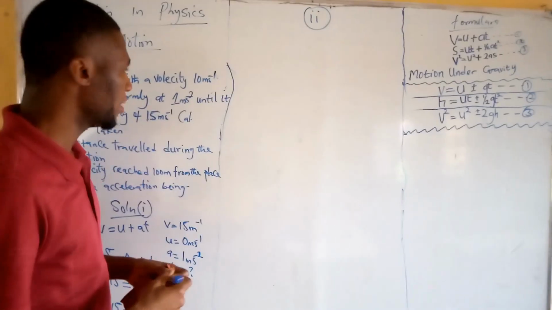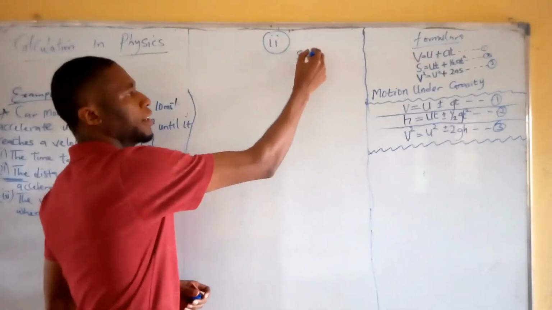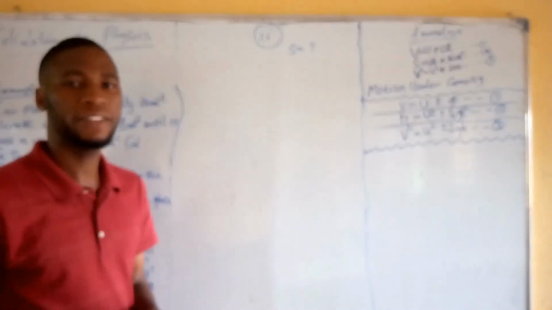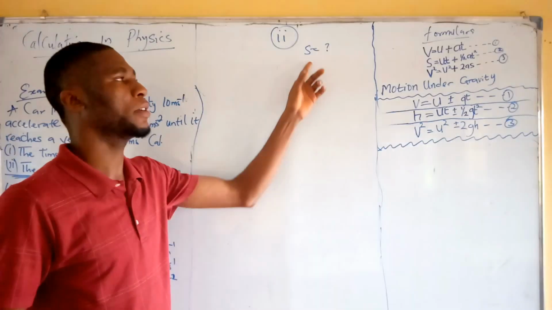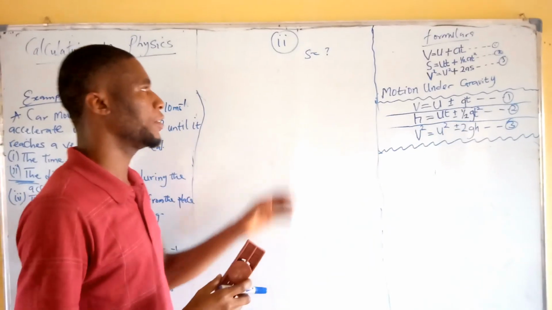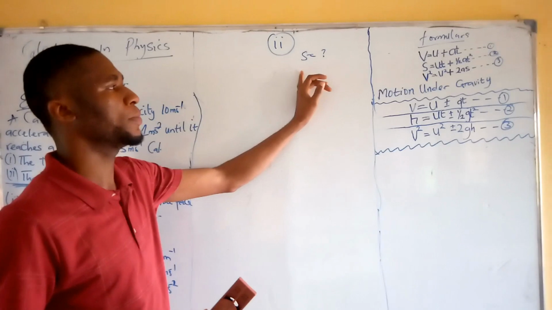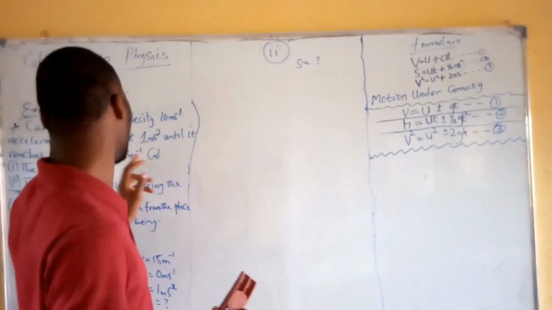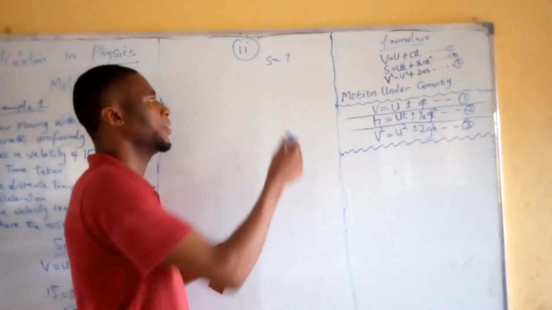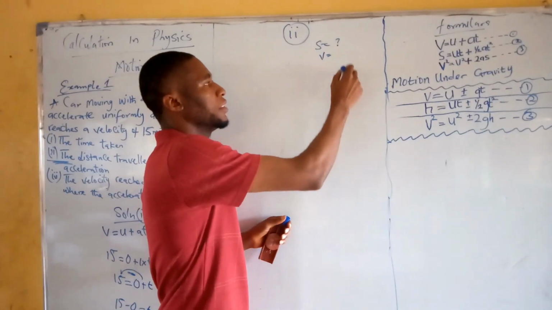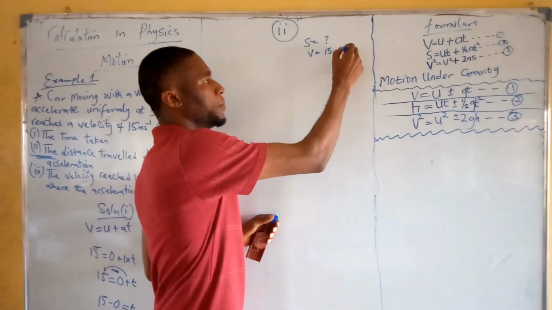Then they say we should calculate the distance covered, which is s. So we are going to look for a formula that suits this equation for us to be able to calculate the distance covered. We know that the final velocity is equal to 15 meters per second.